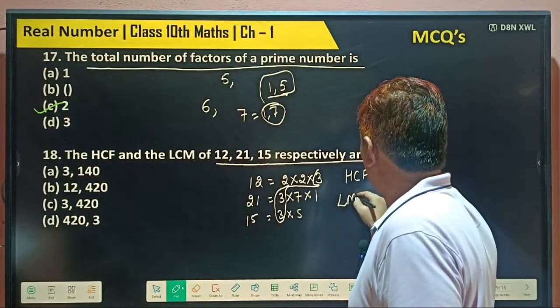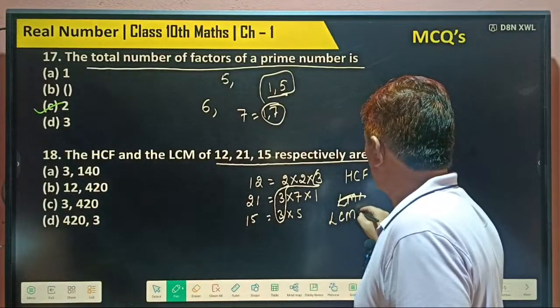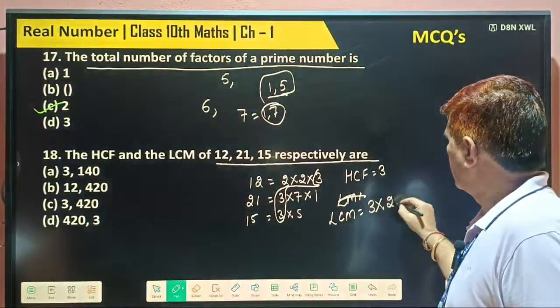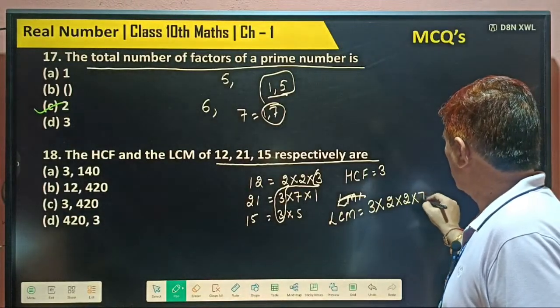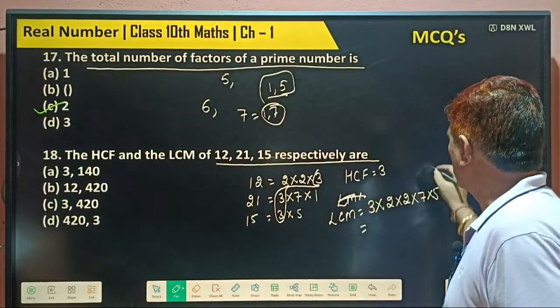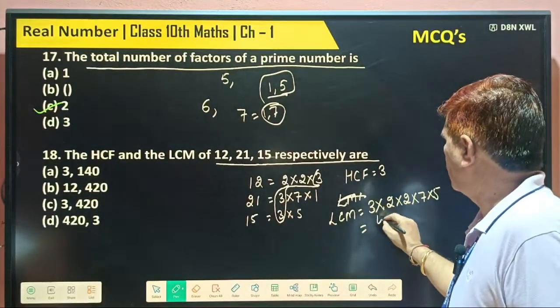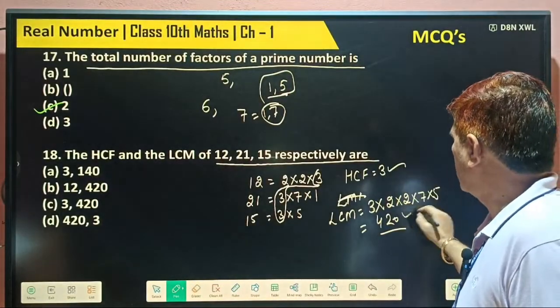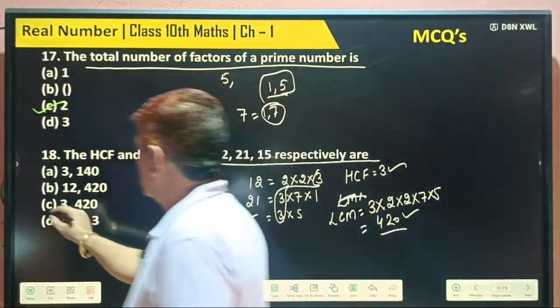LCM is equal to their HCF into 2 into 2 into 7 into 5. 6 twos are 12, 12 fives are 60, 60 sevens are 420. So this is 3, this is 420. What's your answer? This.